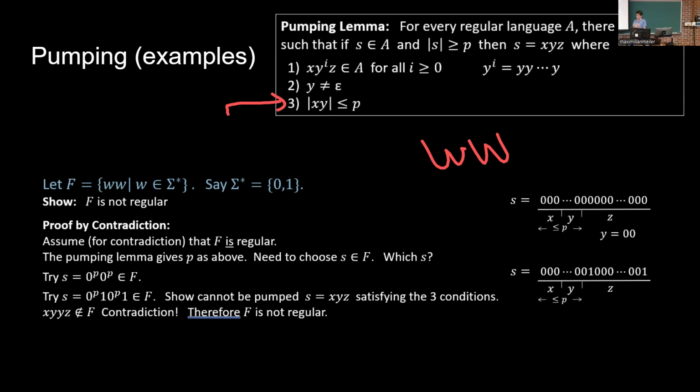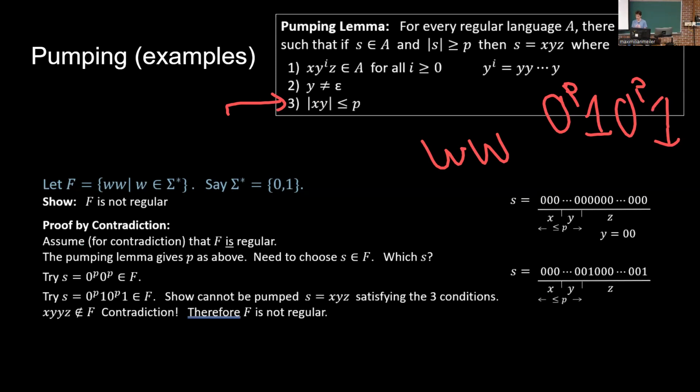So how do we force y to be a certain thing? Well, we just make something like p large. Now we know y has to be a 0. If we want 2 matching things, we can do what they did down there, which is 0 to the p 1, 0 to the p 1.